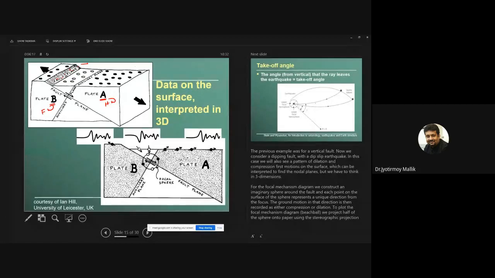Okay. So you can imagine that this part of the footwall is moving up and the hanging wall is moving down like this, according to these black arrows that I have just pointed. Now here is my wall rock, and here is also my wall rock.